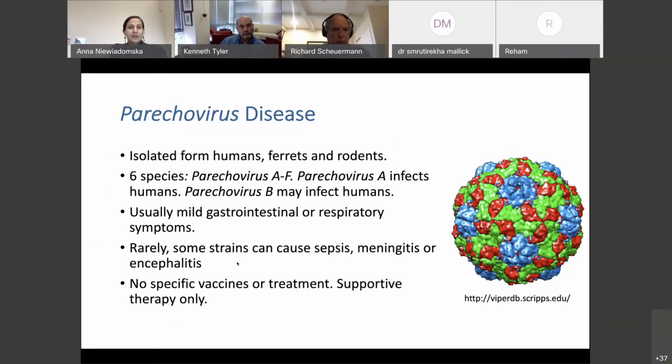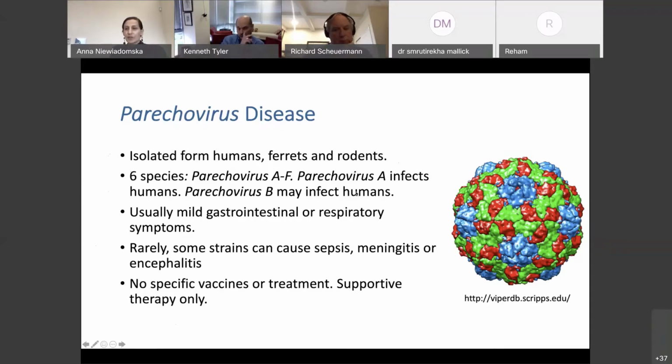So Pericoviruses are another genus of Picornaviridae that have been isolated from humans, as well as from ferrets and rodents. There are 6 species, A through F, and A and B are thought to infect humans.